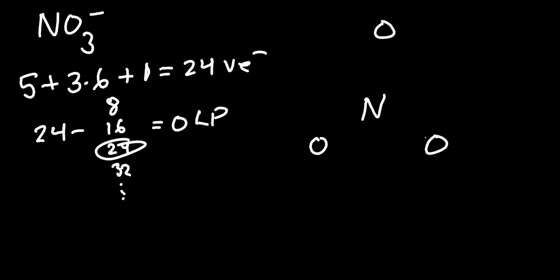So that means that we have 1 double bond and then 2 single bonds. Okay. And since they're resonance structures, we can move the double bond anywhere we want. But we'll just use this version.